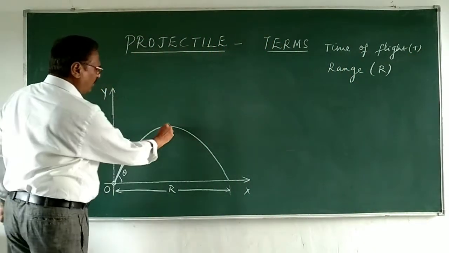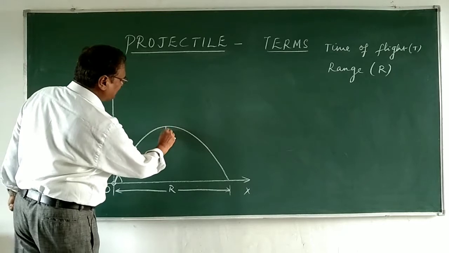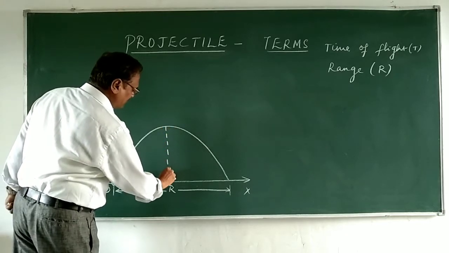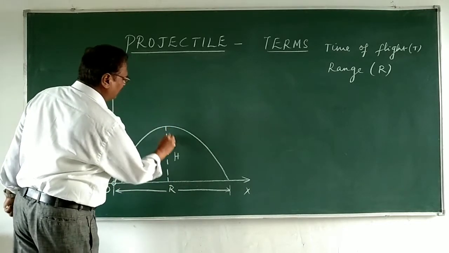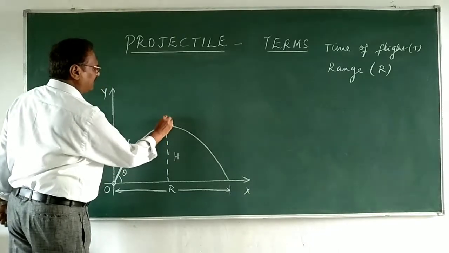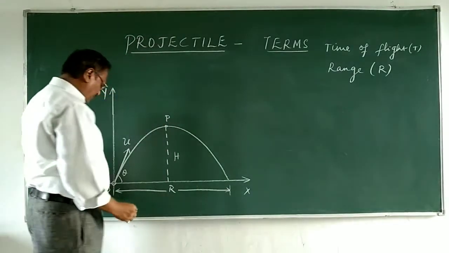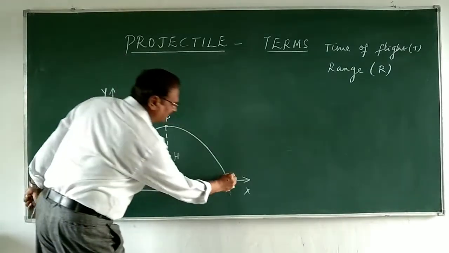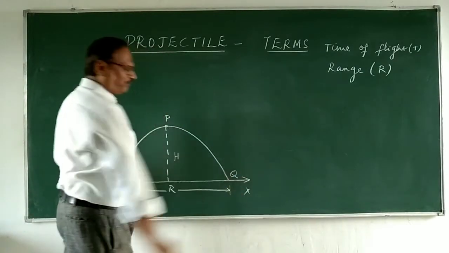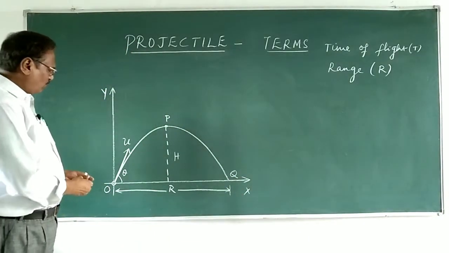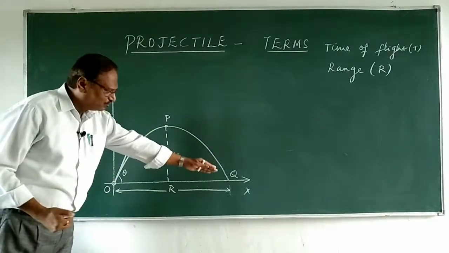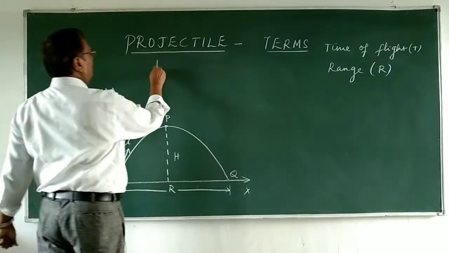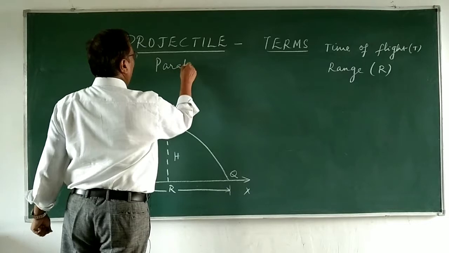Also the projectile has a maximum height, that is called h. Let this point be P. It takes the path O, P, and it comes and strikes at the point Q. OPQ represents a parabola.